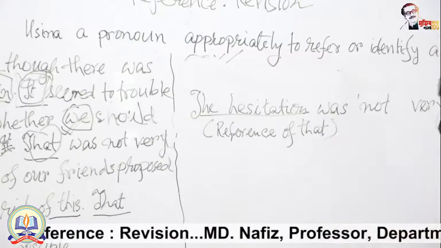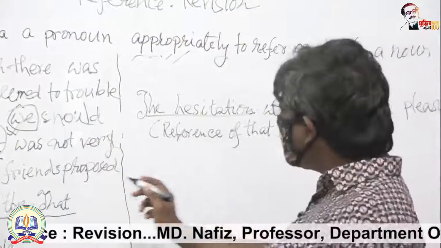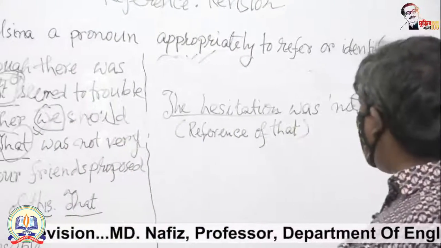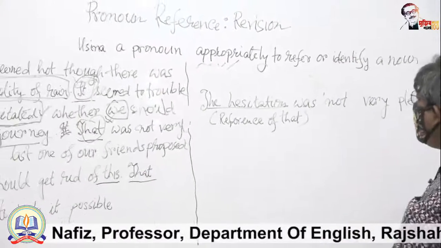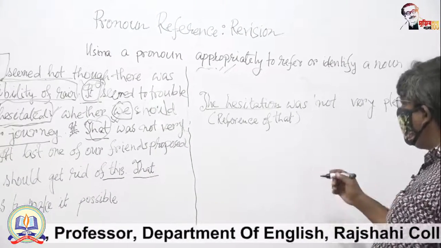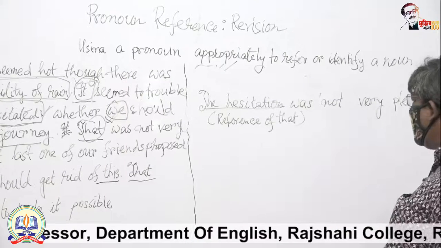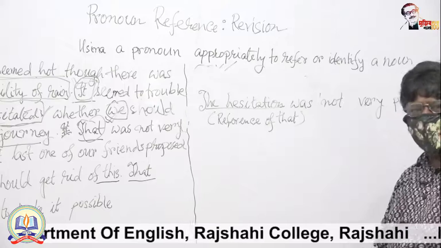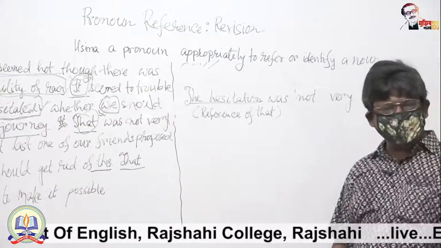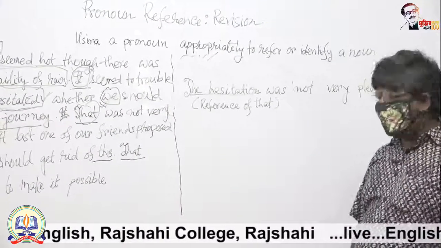So if you write the hesitation in lieu of that as the reference of the pronoun, you get the sentence like this one. The hesitation was not very pleasant, and the meaning or the sense of the sentence is clear.